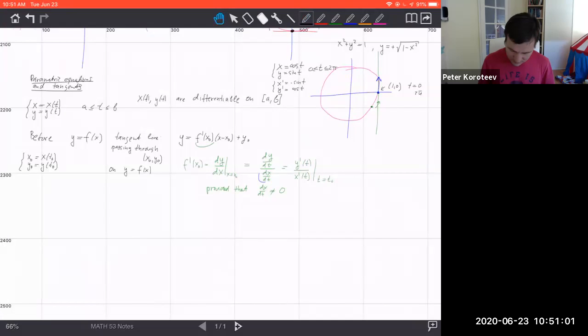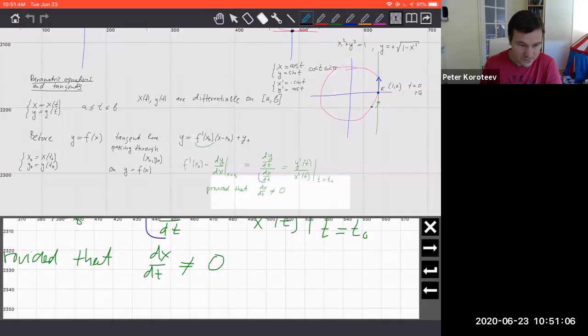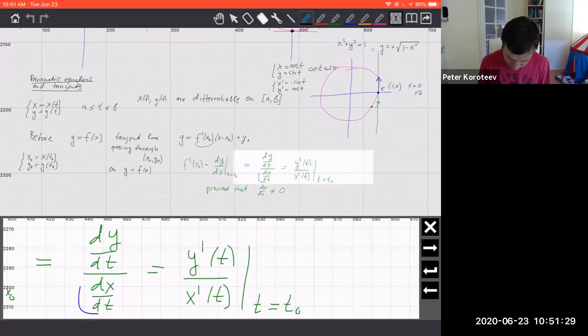So this works when this derivative is not equal to 0. So what shall we do when it is equal to 0?